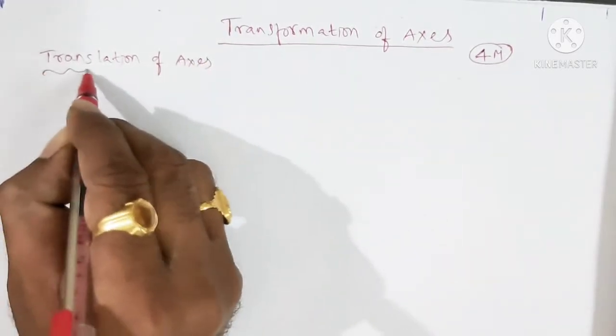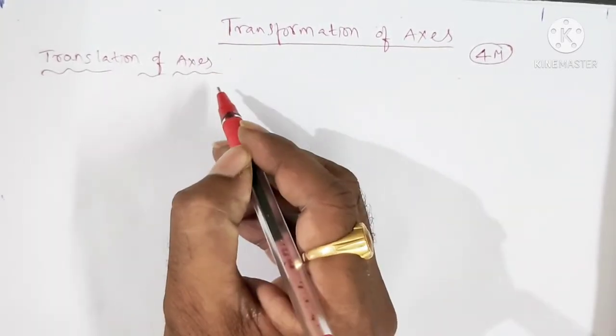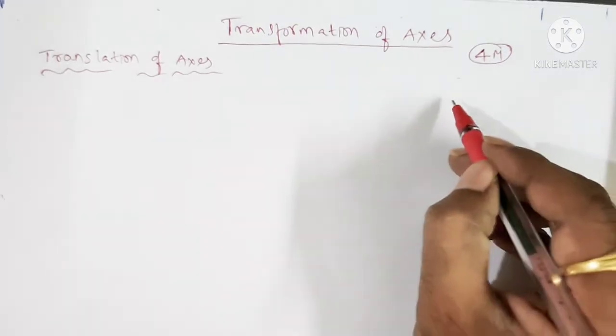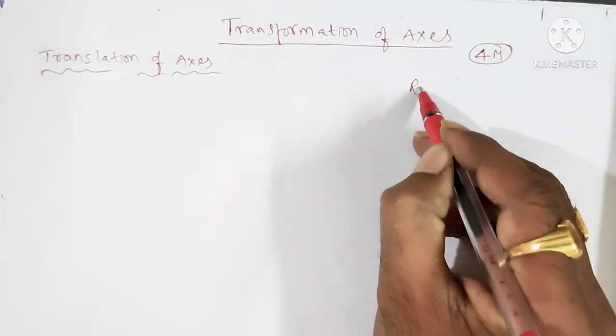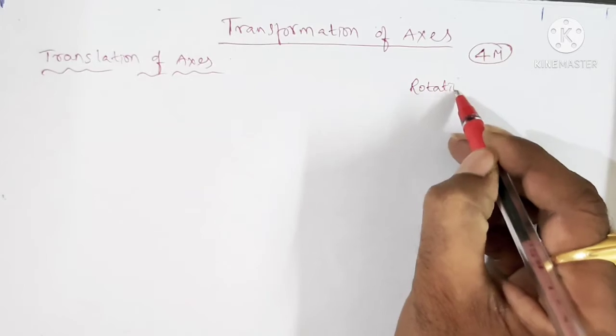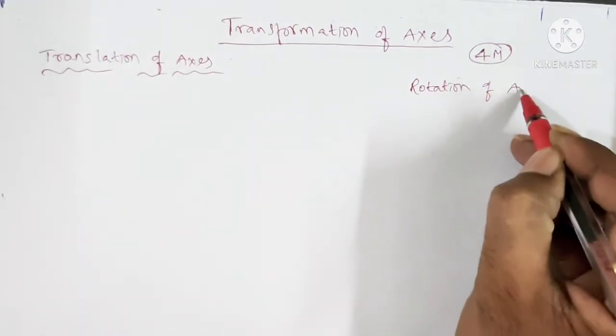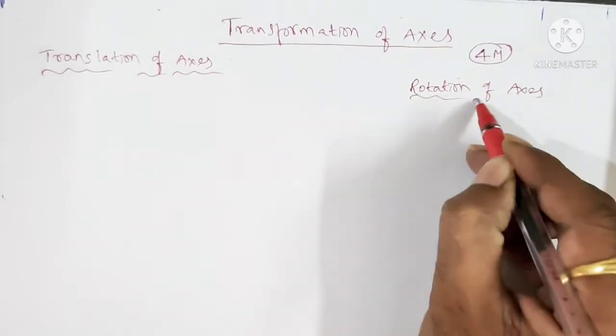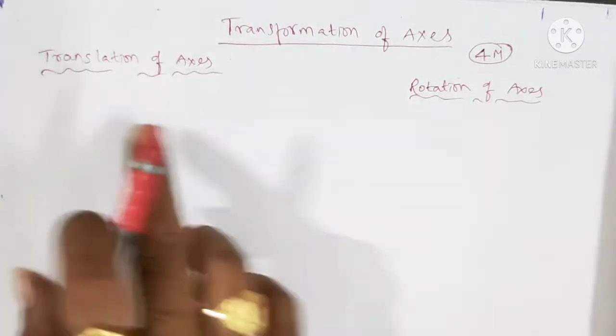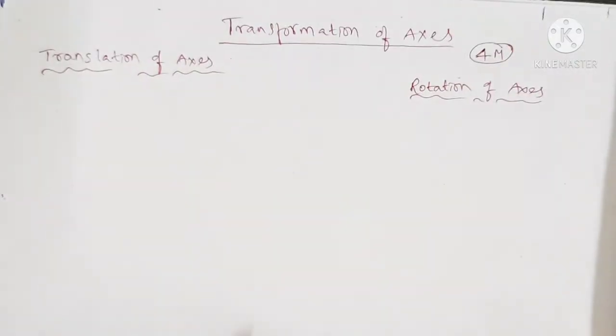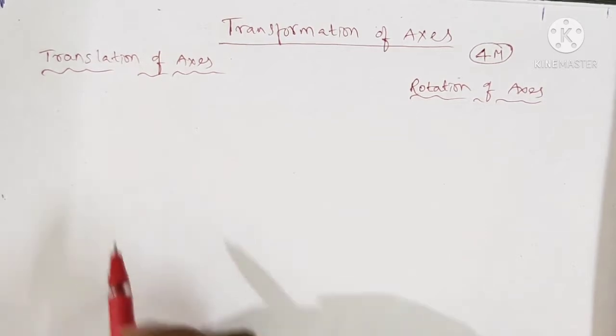The first concept is translation of axes. Another one is rotation of axis. So either this one or this one we get a 4 marks question. Every year they are giving 1 or 2 questions from this chapter.